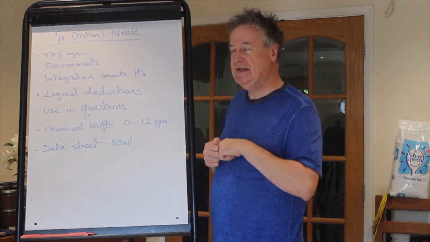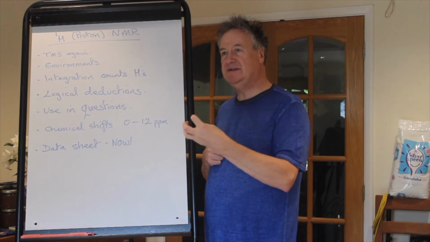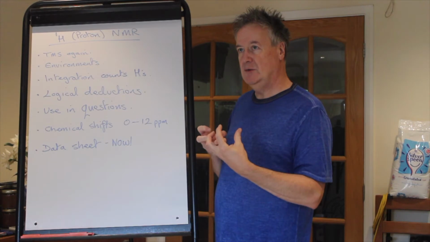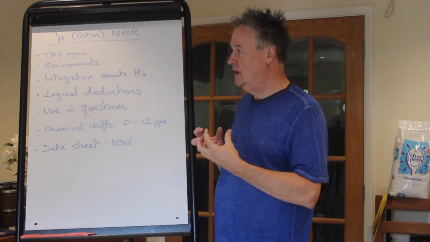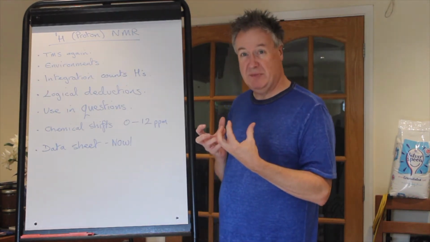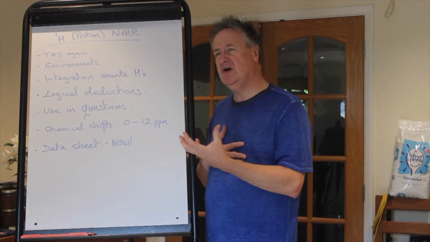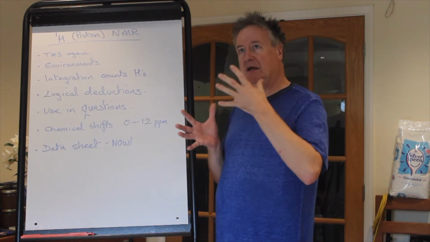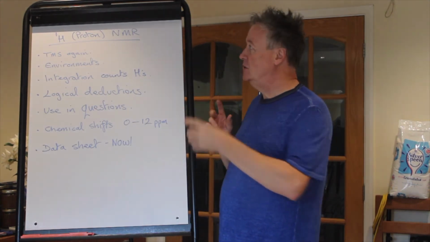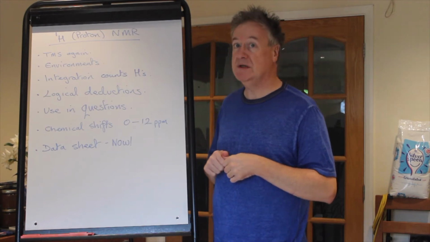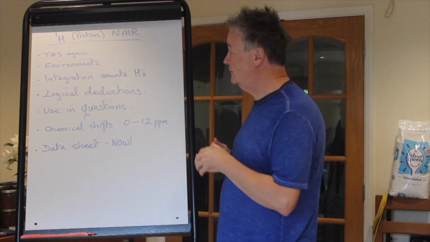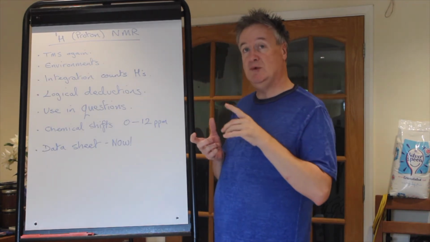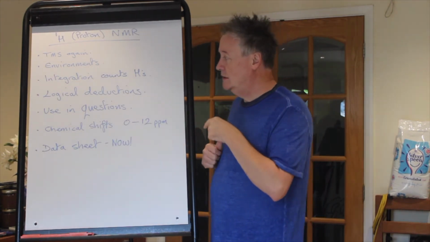Logical deductions. Yeah, you have to do this. What does it mean? What does it tell me? What can I piece together with all the other evidence that I've got about the structure of an unknown chemical? Pretty much the entire basis of questions is: here's an unknown, here's a load of evidence, of which proton NMR will be as likely as anything else one of the pieces, and as a result the deductions you make give you evidence towards an identification.